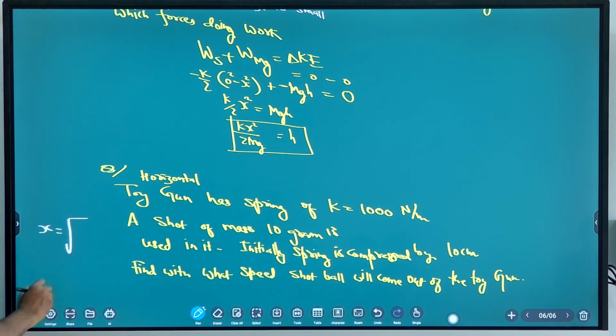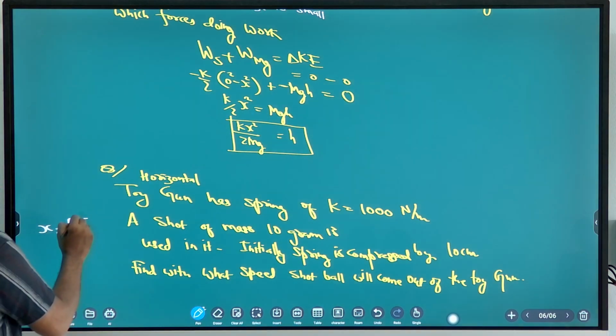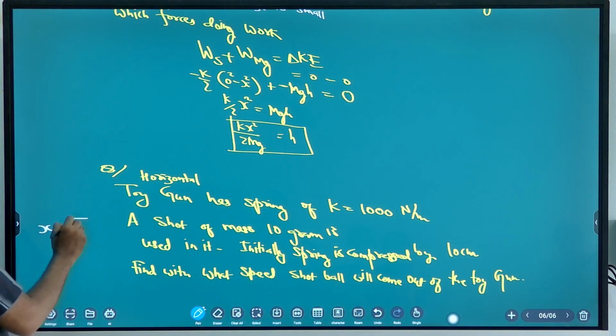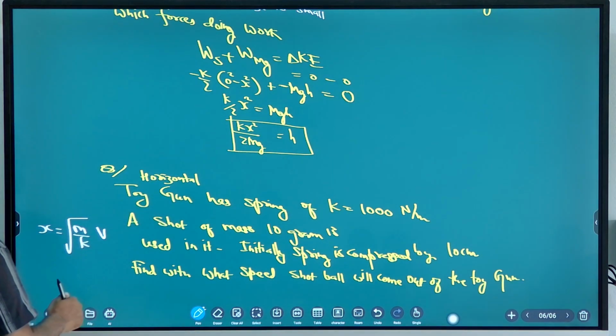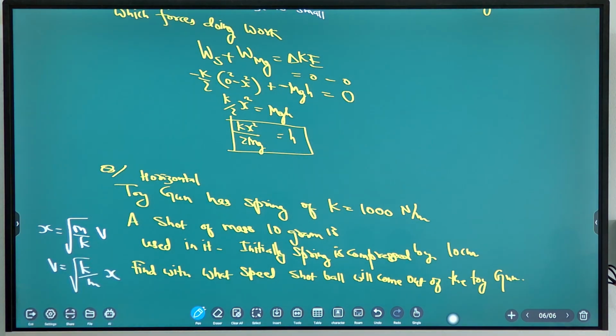Root of m by k. Single spring, one spring is there. So what is V? V is root k by m into x. Okay, solve. One numerical is there.